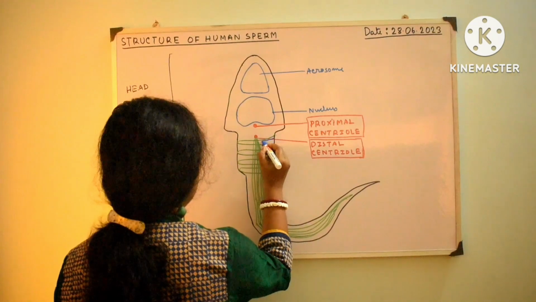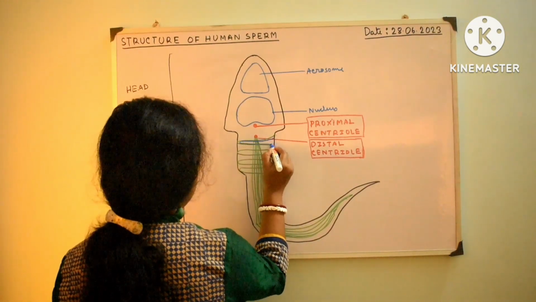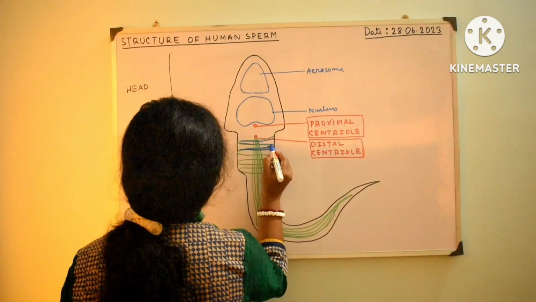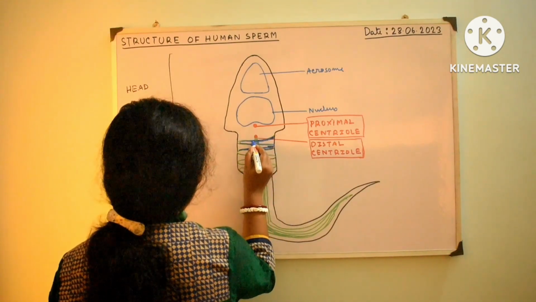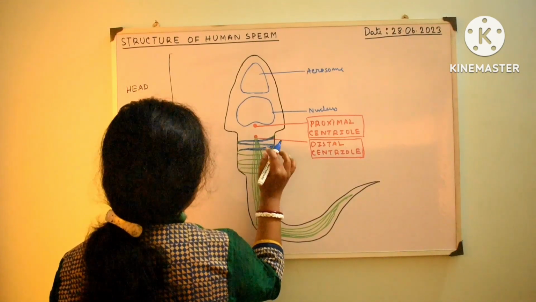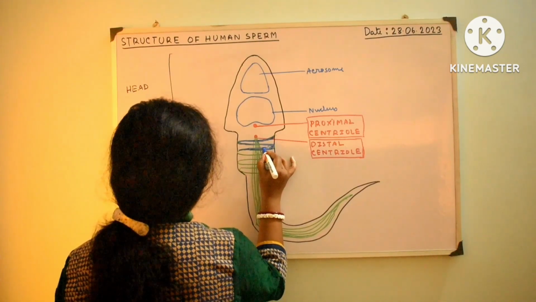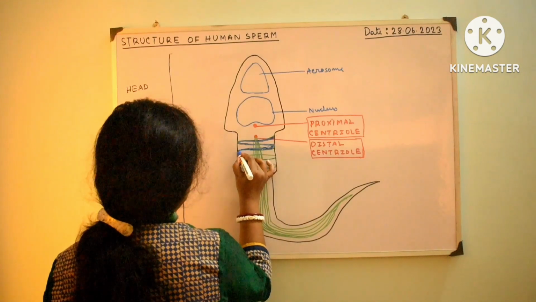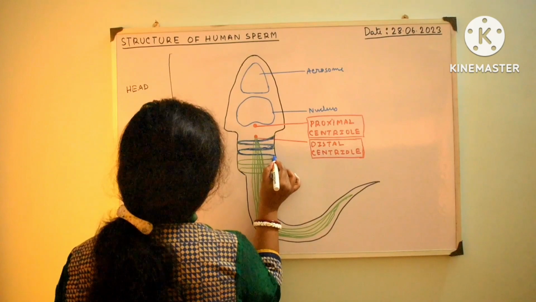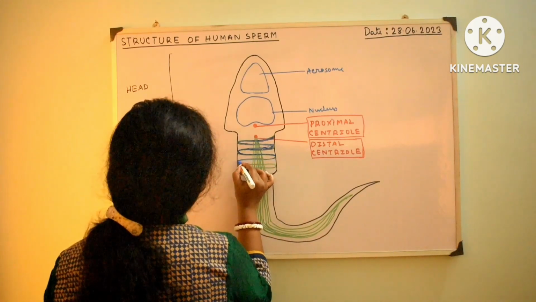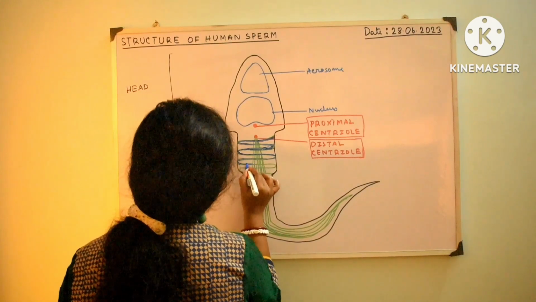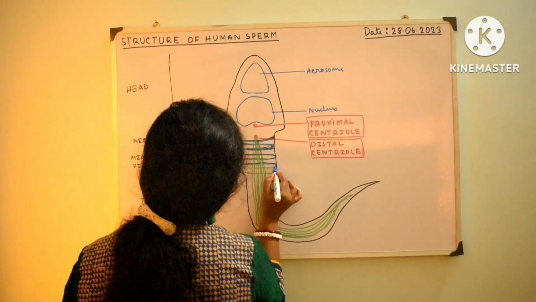To differentiate it from the axial filament, I have decided to use a separate color. This one is known as the spiral mitochondria.